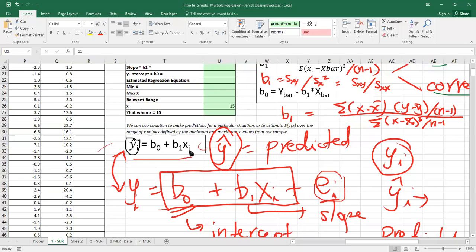Now, yung hat dito, sabi natin last time, it indicates that this is the predicted value. Kung wala siyang hat, guys, kung hindi siya predicted value, then ang generic equation is y, walang hat dito, is equal to the intercept plus the slope times your independent variable plus a certain error term.